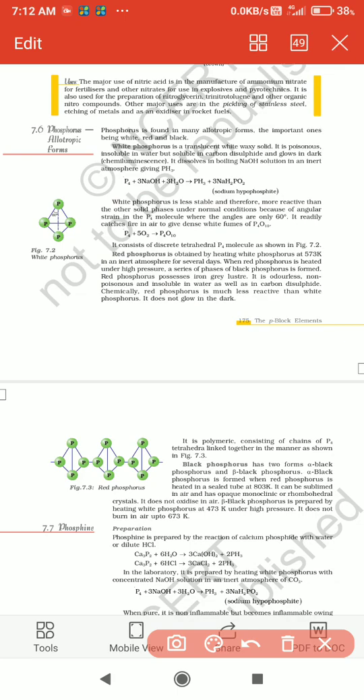Generally, how do we represent phosphorus? Like P4. The atomicity of phosphorus is P4, and sulfur is represented as an S8 molecule.